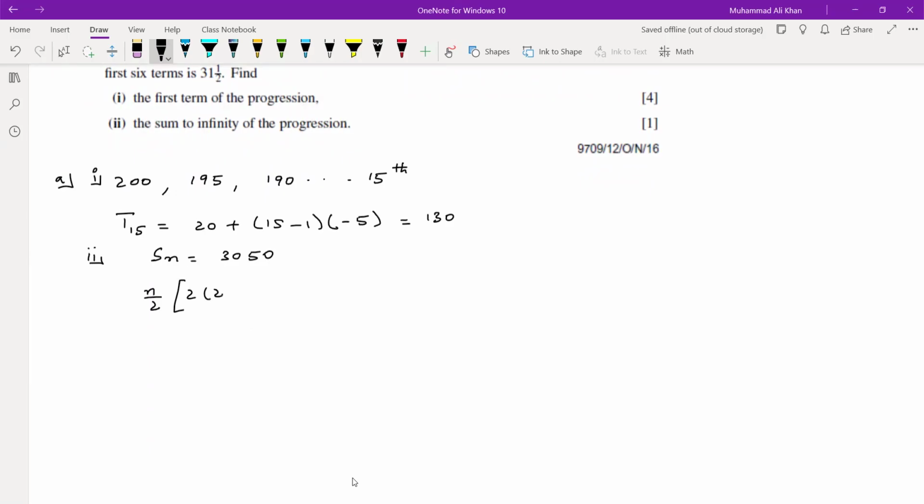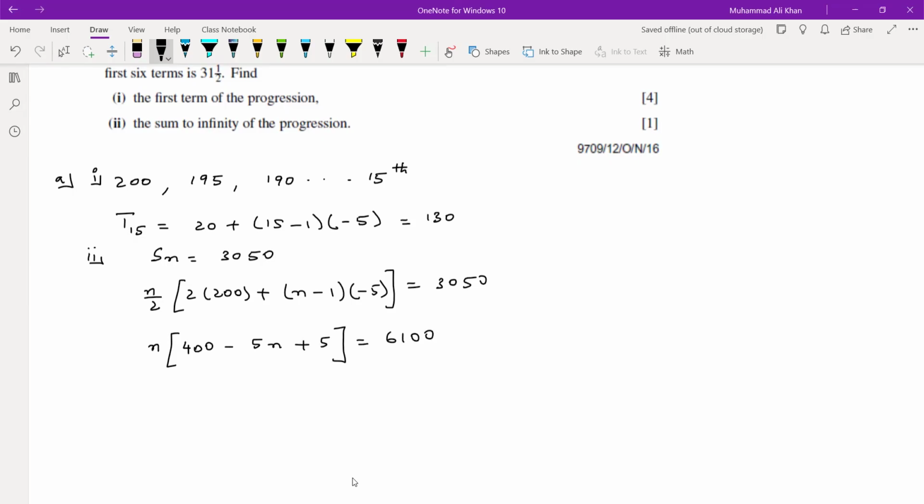n by 2 times 2a plus n minus 1 times the common difference minus 5, equals 3050. Now, 3050 multiplied by 2 will be 6100.